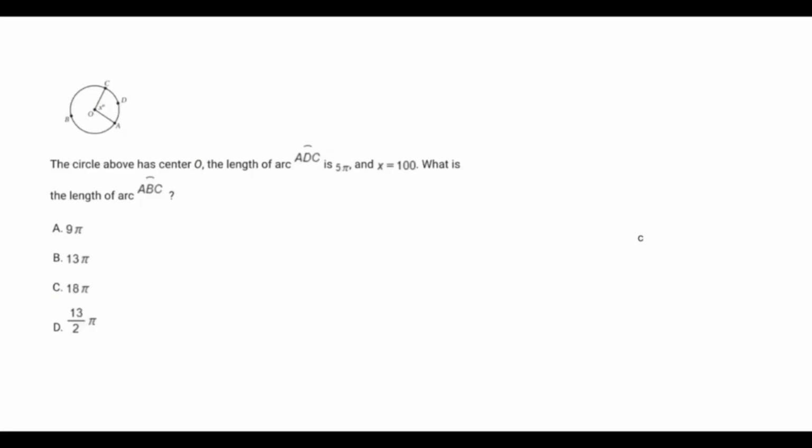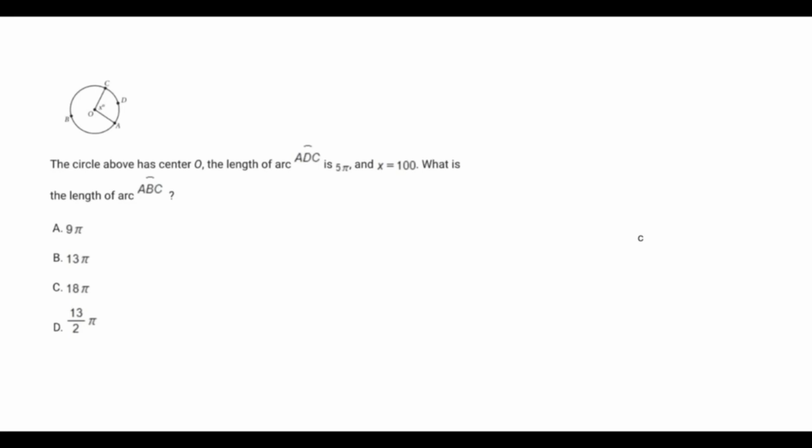The circle above has a center O. The length of arc ADC, the minor arc, is 5 pi, and x equals 100. What is the length of arc ABC? All right, so if we look at this, what we want to do is set up a ratio, right? So the first thing we know is that the angle x is going to be corresponding with that arc ADC.